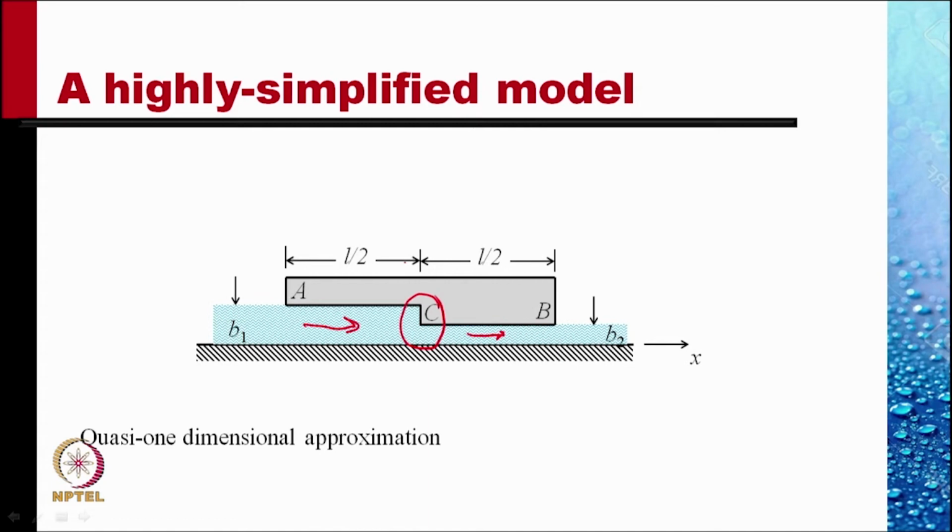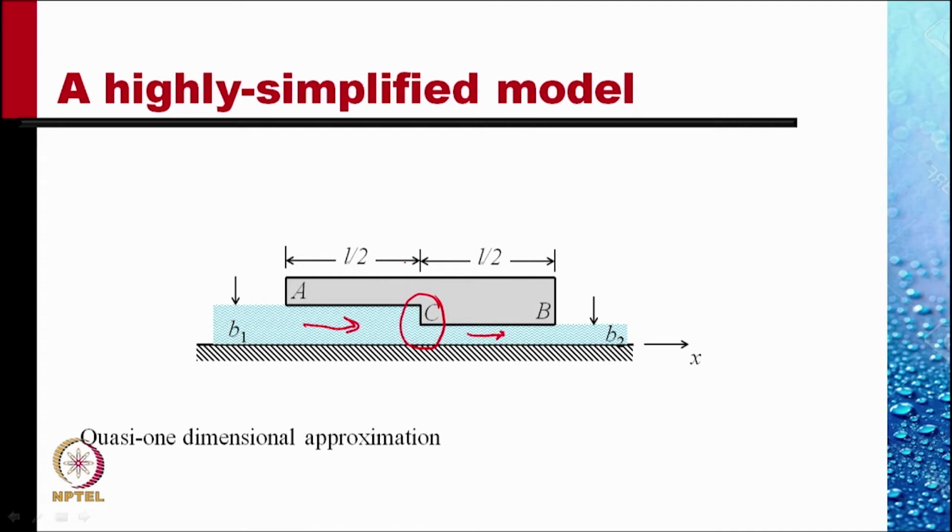If the length L is much larger than the width B, then this approximation could work. Now, we assume that a pressure gradient is created in this channel in such a manner that the flow through each part of the channel is the same.